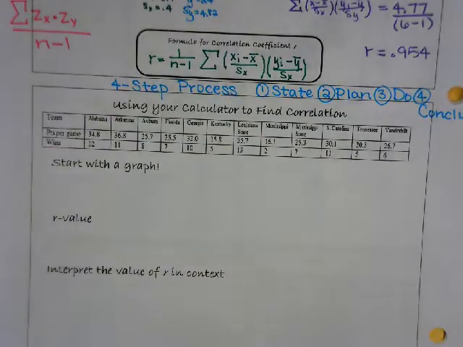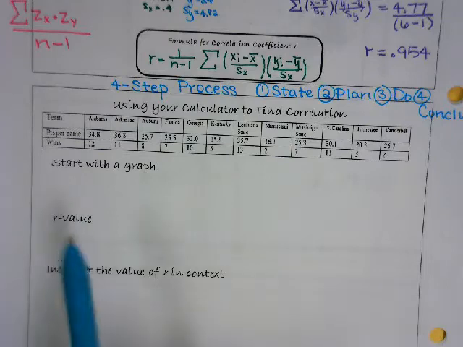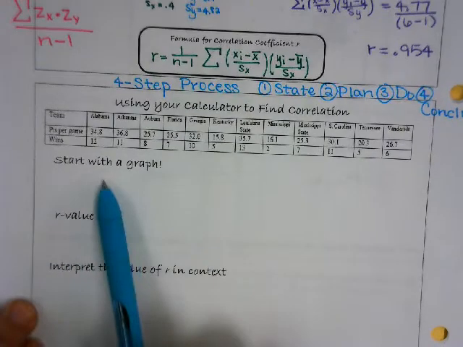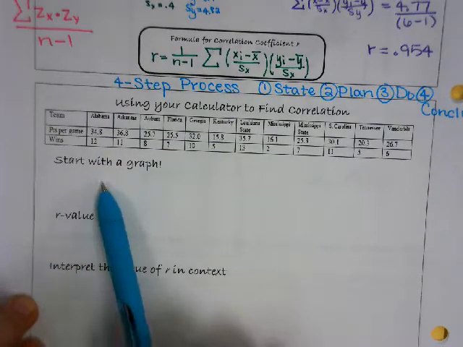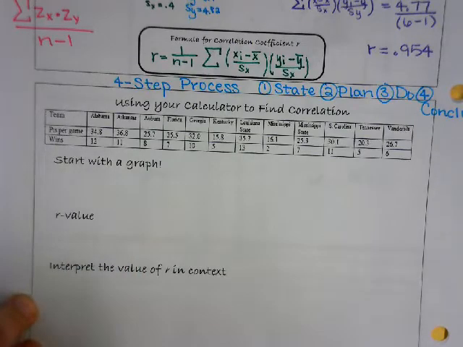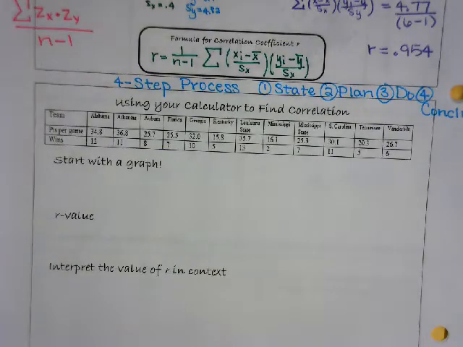First thing I suggest you do is start with a graph. Do we remember how to make our scatter plot from the other day? I saw some no's. Those of you that said yes, thank you. If you remember how, make a scatter plot.